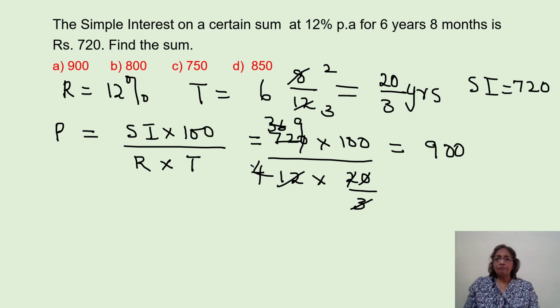Here in this sum, the time period, 6 years, 8 months, we have converted to years. And simple interest is given. So we have found the principal. Now the correct option is A1.